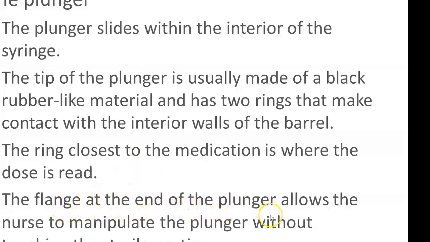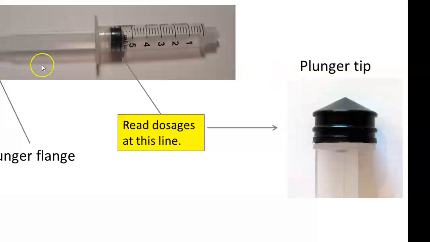The flange at the end of the plunger allows the nurse to manipulate the plunger without touching the sterile portion. And you'll see a picture of that. Now here is the actual plunger flange, and you can see the top ring and the bottom ring. Here's a close-up picture of it, and you would read the dosage at this line right here, at this top line.